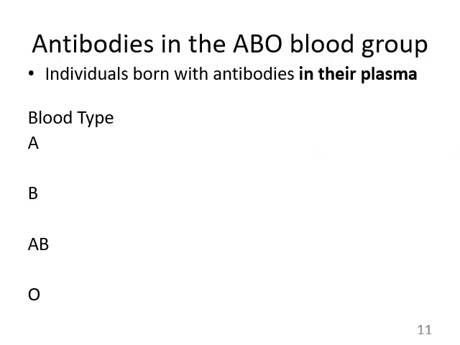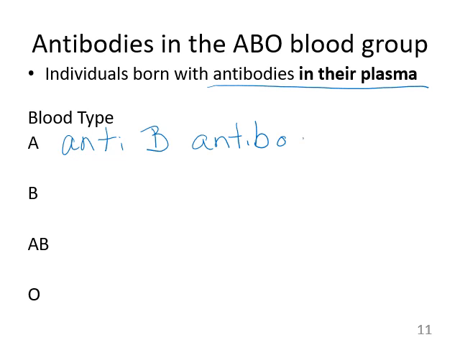In the ABO blood group, people are born with those antibodies in their plasma. If someone has blood type A, they're going to have anti-B antibodies. What about somebody with blood type AB?